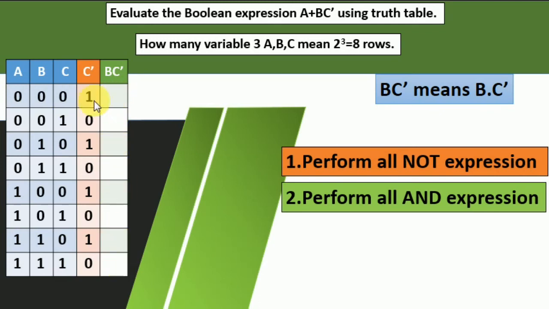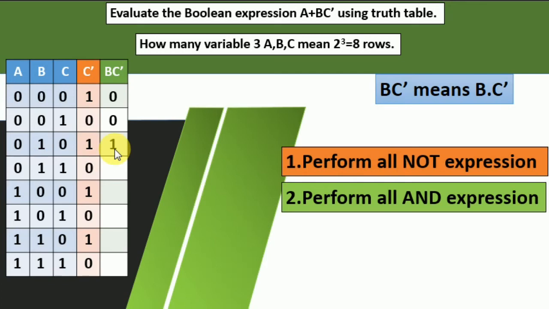First value is 0 and 1. 0 and 1 is going to be 0. You know that false and true is always going to be false. Second is 0 and 0, which is 0. Now 1 and 1, that's true and true, means true, that is 1.